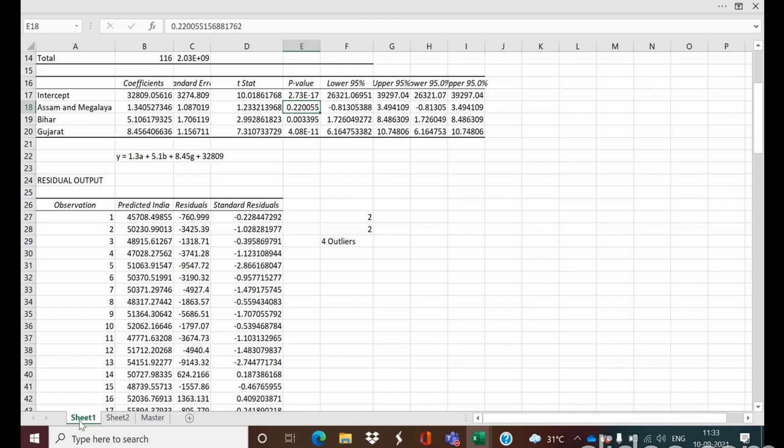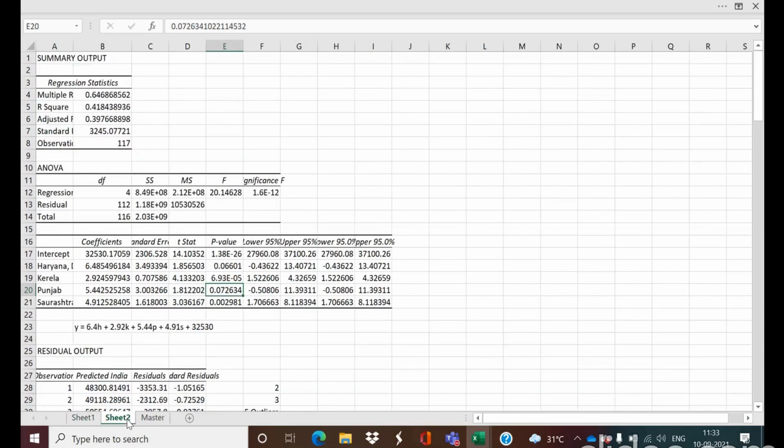This can also be done by the stepwise regression model, where you take one variable at a time and then see the R factor and the p-value, and then you'll also find out the outliers.